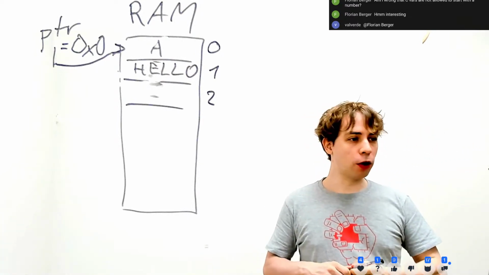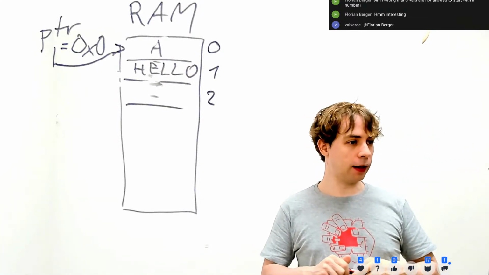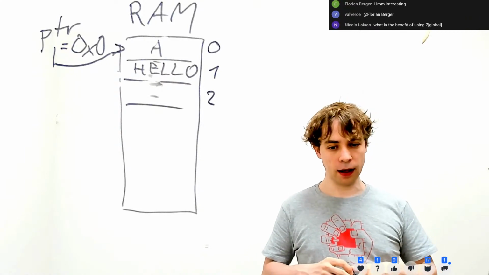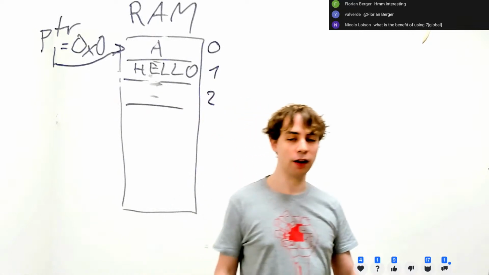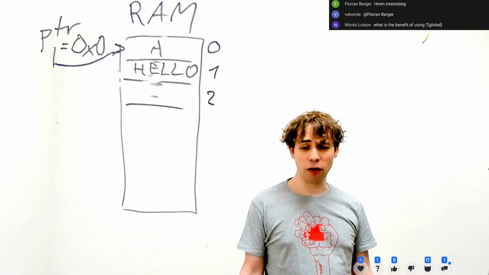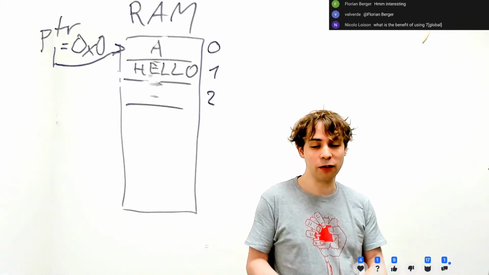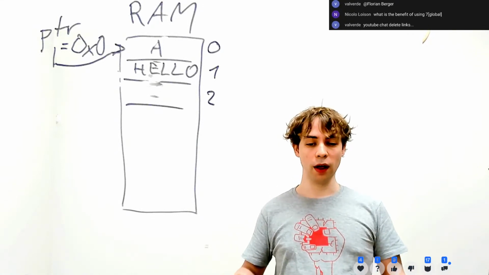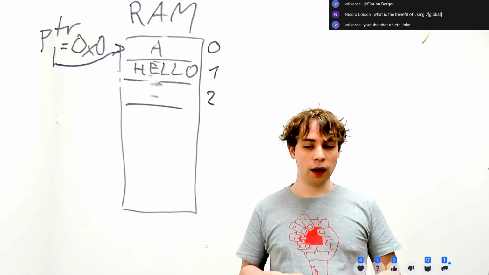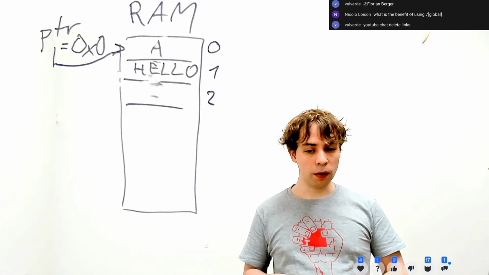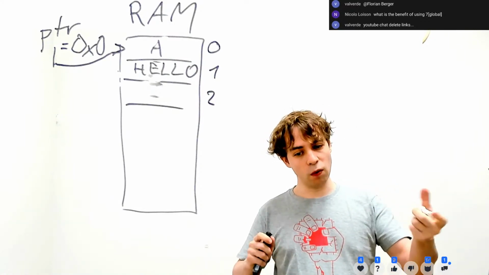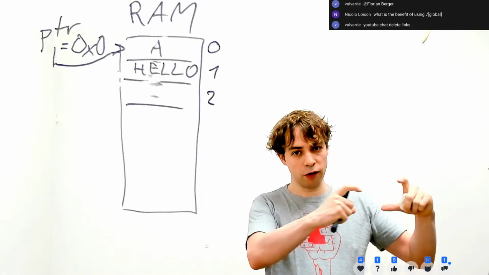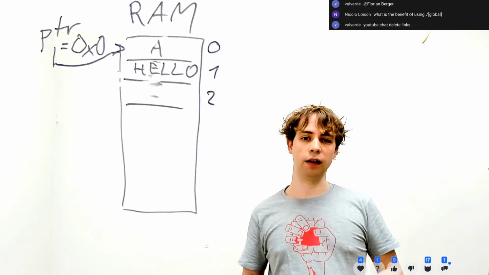So we want to think about a very simple case. And what is the benefit of using 7 global? I don't know, confusing people. There's no benefit. I just wanted to show you how turning these two arguments of this array operator around is allowed.